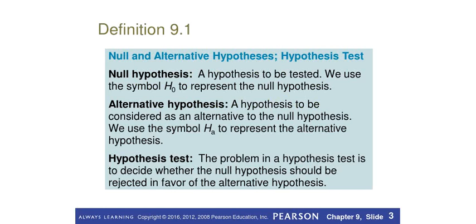And then the problem of a hypothesis test is to decide whether or not the null hypothesis should be rejected in favor of the alternative hypothesis. And with our null hypothesis, what we're really looking to see is whether or not that claim is correct.